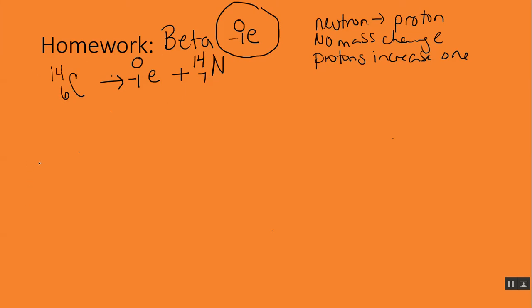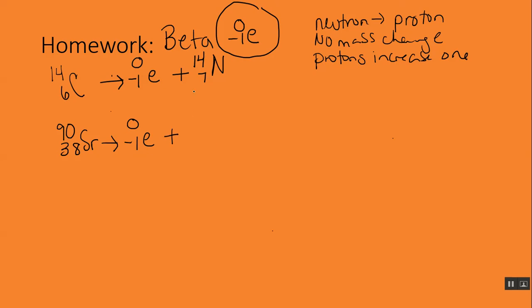Let's do one more. Next one, we see strontium-90. It looks something like this. Again, same idea, because it's still under that beta decay section. The very first blank is going to look like that. It's undergoing beta decay. So what does that mean for everything else? Well, remember, no change in mass.